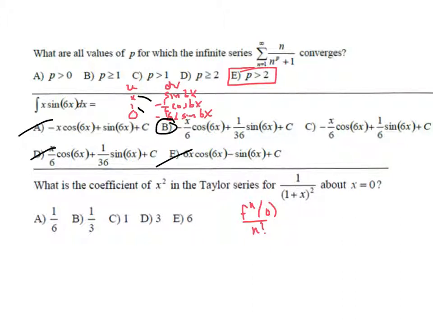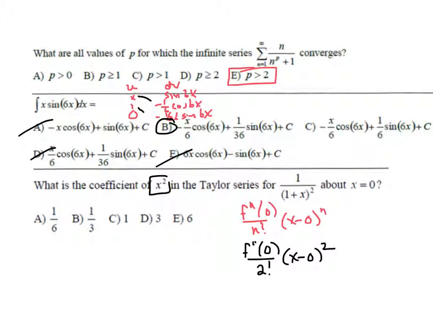And then we'll have x minus 0, so just x, to the nth power. So if we want x squared, we need the second derivative. The second derivative at 0 over 2 factorial times x minus 0 squared, which is just x squared.